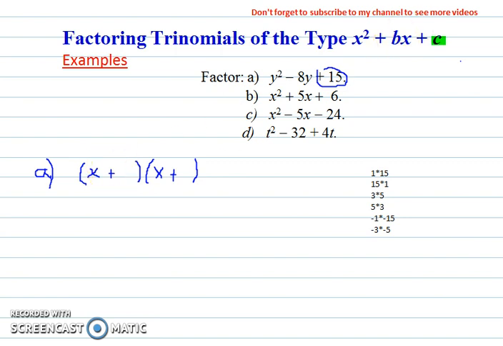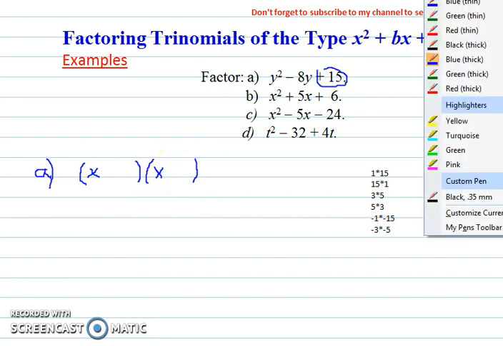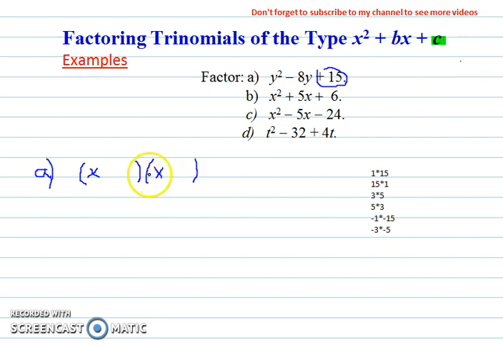We remove that plus sign and use only x minus 3 and x minus 5. -3 times -5 is 15, and -3 plus -5 is -8. So this is our first example.